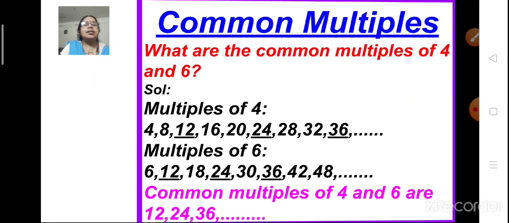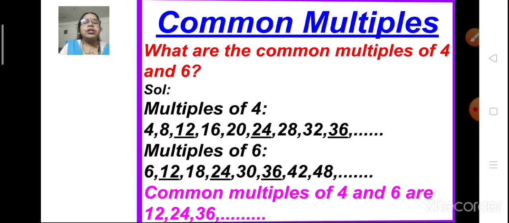Now, let's understand the next topic, common multiples. What are common multiples? We have learned in the previous sessions of the chapter how to find the multiples of a number. Multiples of a number are nothing but the numbers found in the multiplication table by multiplying the number with more numbers, isn't it?